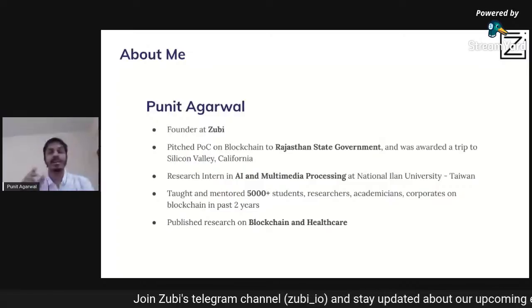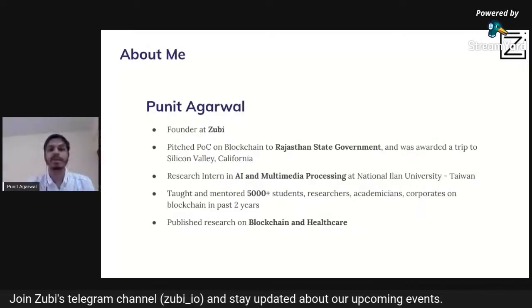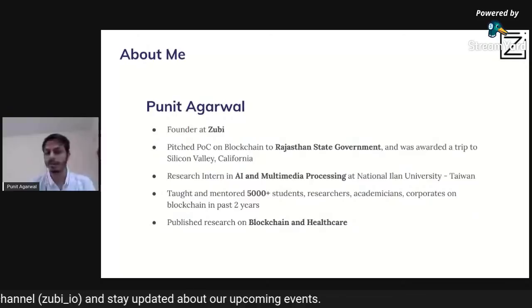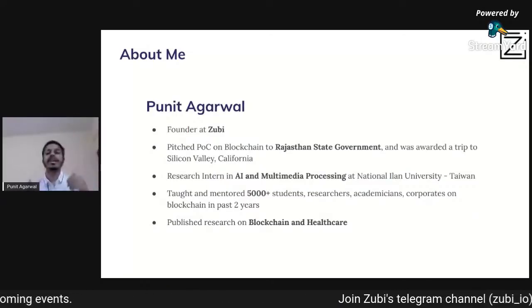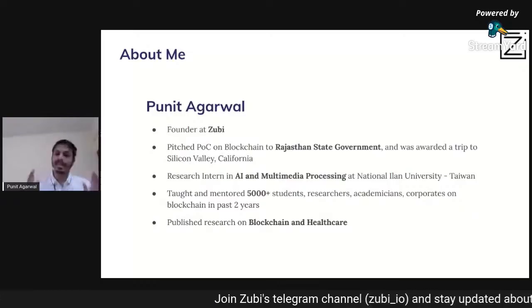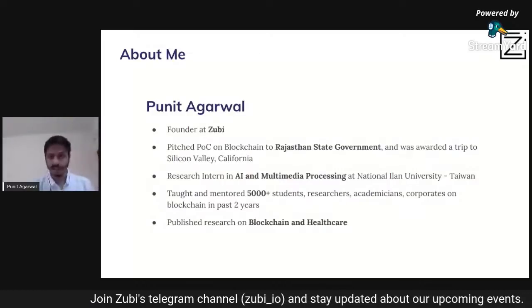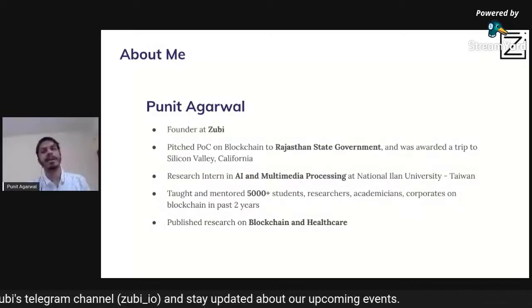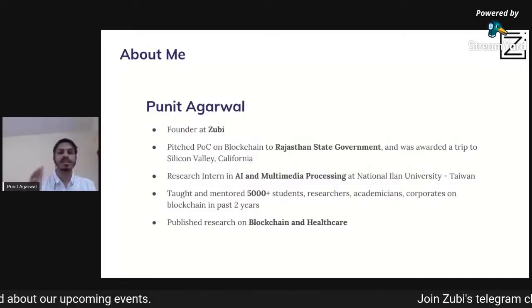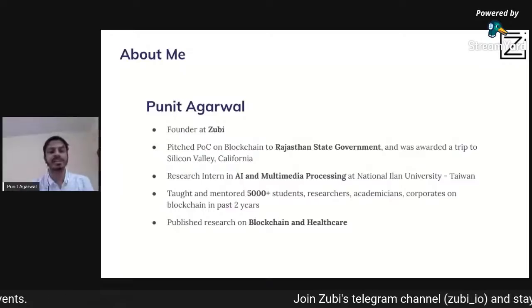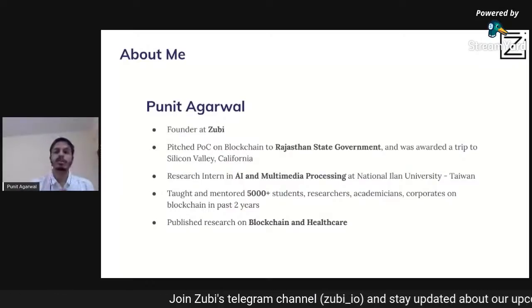The word consensus might be a bounce off for you as of now, but soon we'll understand what exactly it is. And basically understanding what it takes to set up an entire blockchain. So I can say this is my forte, and building applications is like just using the Android and creating applications on top of Android. So I was working on building the Android. You can say it in that way.